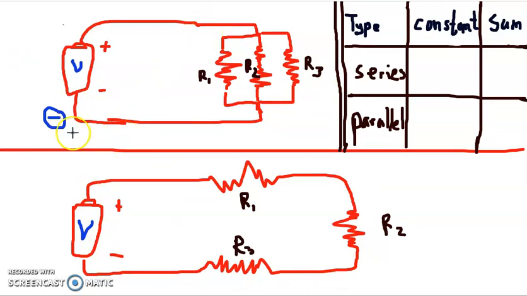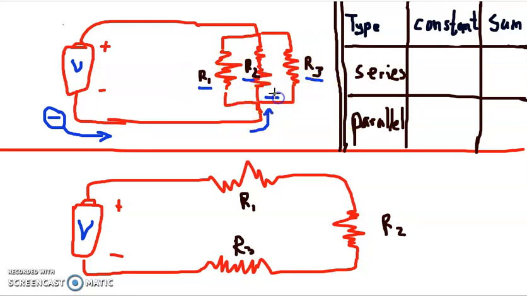So let's think about what's happening as you go around this way. It comes to here, and it has a choice. Does it want to do R1, R2, or R3? Remember, the resistances represent how difficult it is to go through, or how much the current will be slowed down by each resistor.